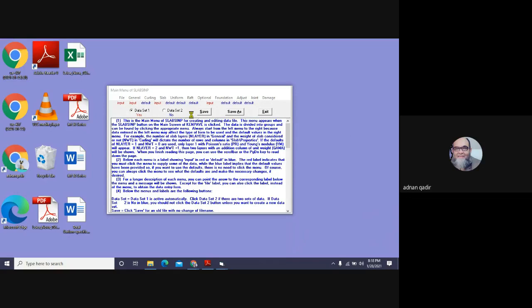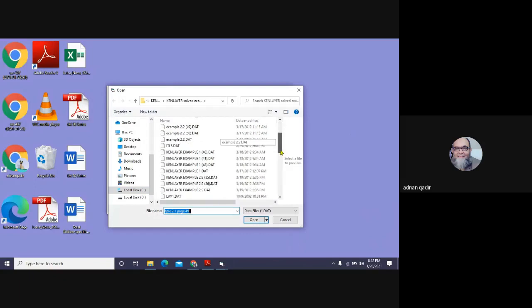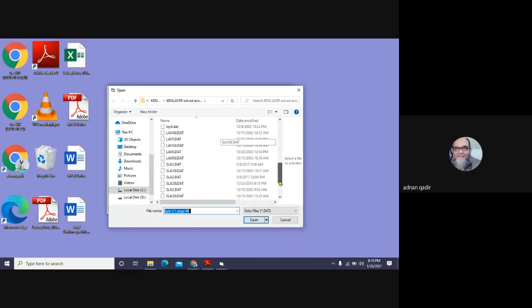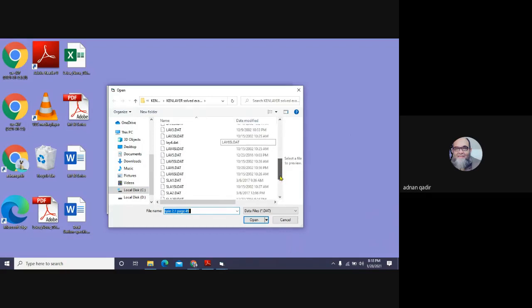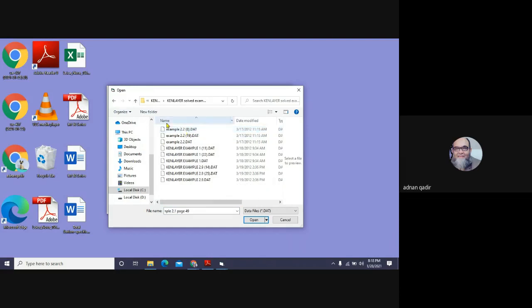So we go to file and we open old file, and I'm going to use one of the examples in your book. Again, the same purpose as what we have done previously, that we tend to solve only those examples that are given to us.